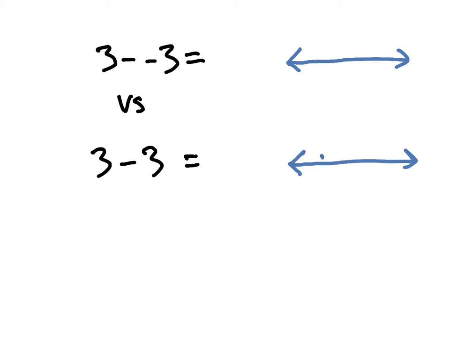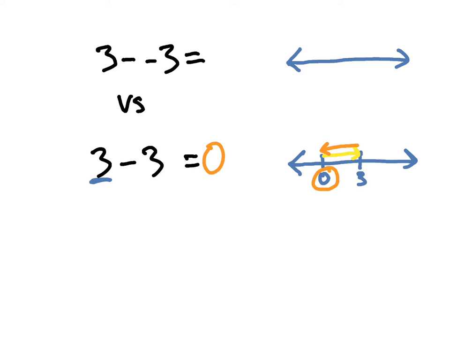Okay. Here's 0. Here's 3. Now, my starting point is 3. So if I'm at 0 again, I went to 3. Okay? And then I'm subtracting 3, meaning I'm taking 3 away. Well, if I was at 3 and then I took 3 away, I go back 3 and I'm back at 0.